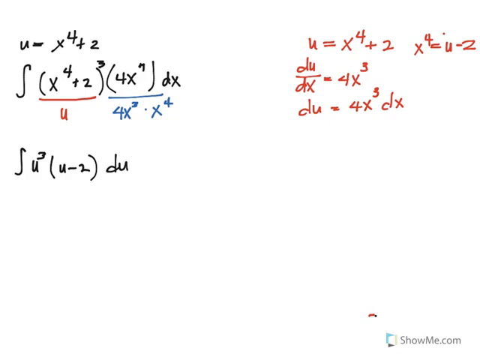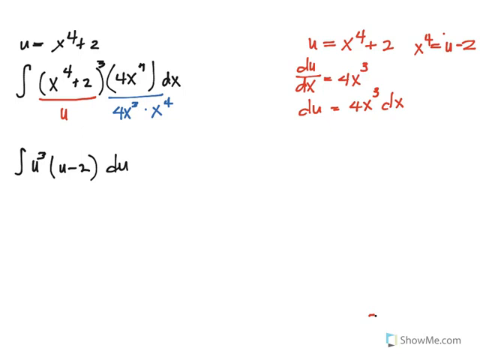Right, so my question was the integral of x fourth plus 2, all of that cubed, multiplied by 4x to the power of 7. So substituting x fourth plus 2 as u, I end up with u cubed multiplied by u minus 2, which represents x to the power 4, and then 4x cubed times dx is the same thing as du.